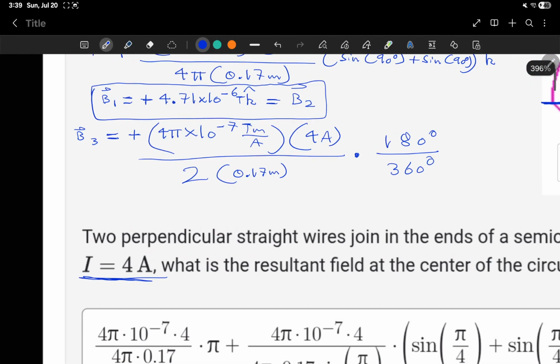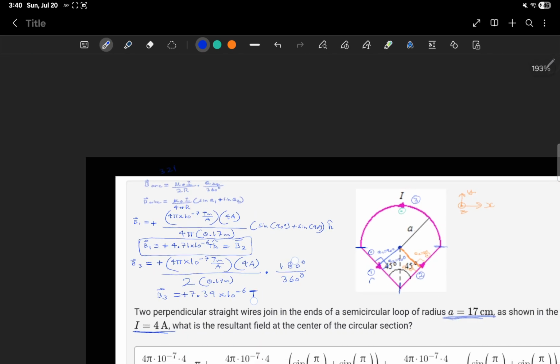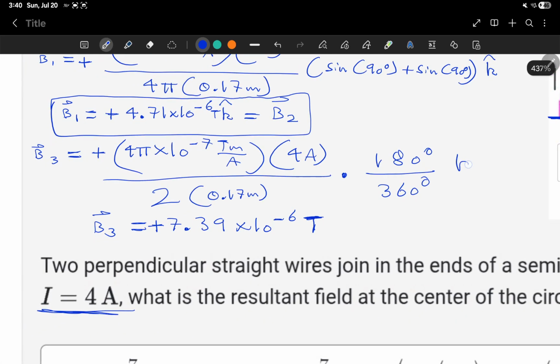So now I'm going to plug these values into my calculator. So I'm going to get positive, that's k hat by the way.